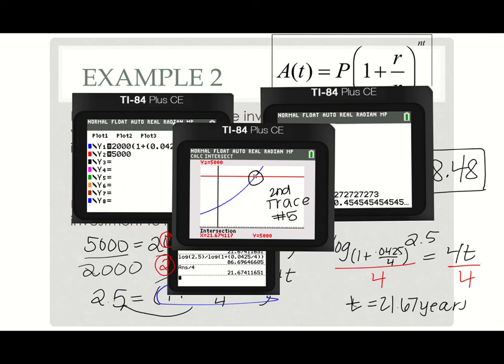When I hit that, I hit enter 3 times: first curve, second curve, guess. I hit enter for each of those, and it'll give me my intersection. It's going to intersect at 21.67, 5,000, and X is my time. So just like when I solved algebraically, I have 21.67 years until I have $5,000 in my account.